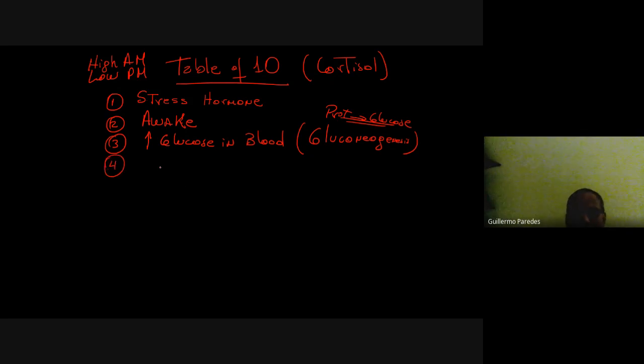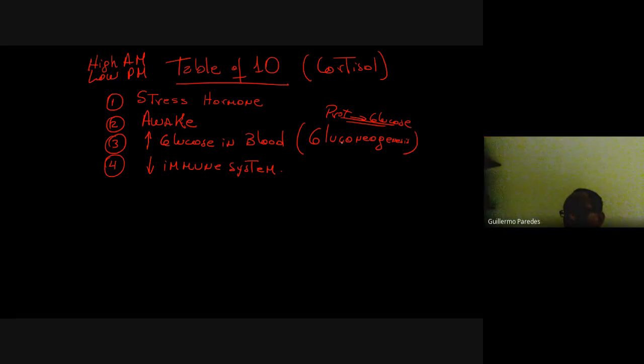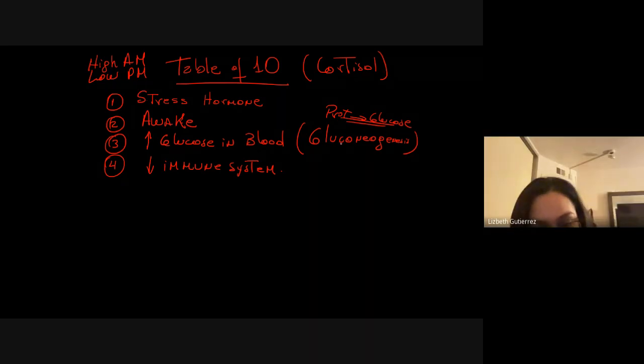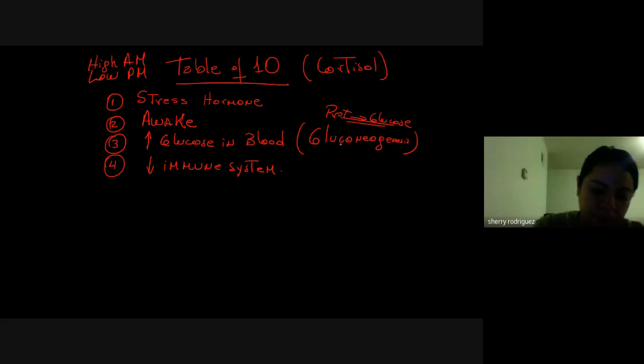Number four is going to depress the immune system. You want proof of that? Do you know somebody who is stressed out all the time? Do you notice that person gets sick more often than others? There you are. Why? Because too much stress, too much cortisol.